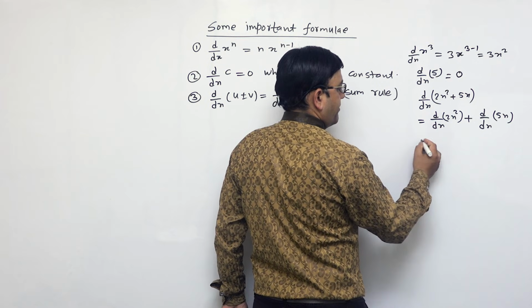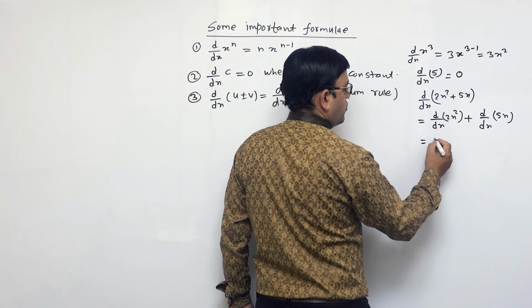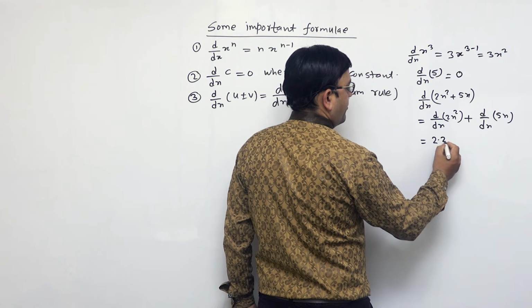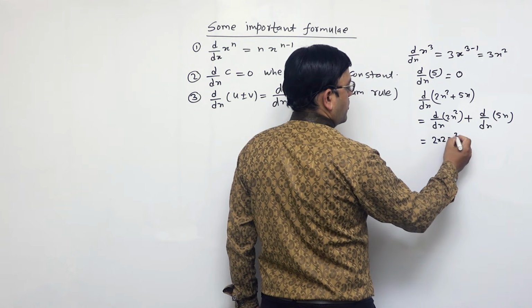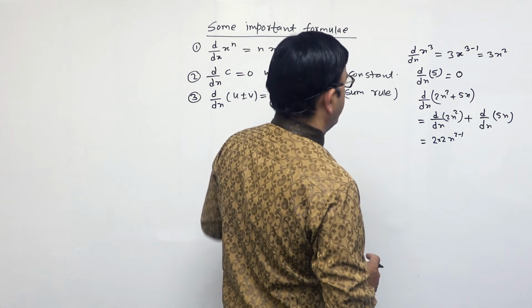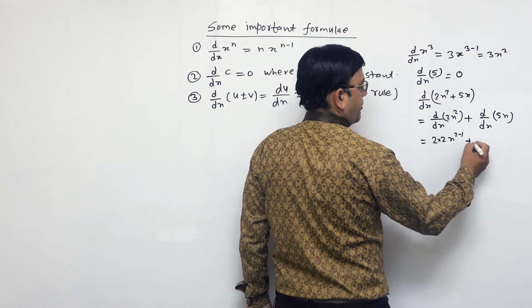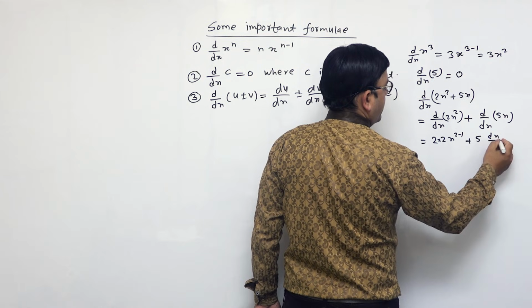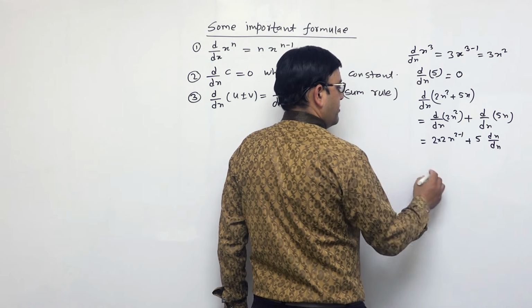Now what is its derivative, see, this 2 is constant. So x square is 2 times x to the power 2 minus 1, because here is n times x to the power n minus 1 we have here, plus here is 5, it comes up, so dx by dx, and its derivative is 1.